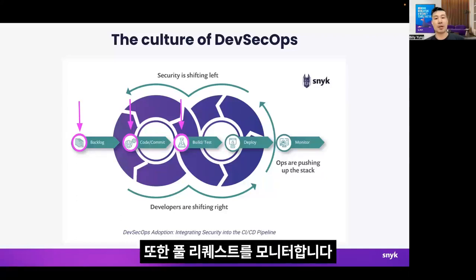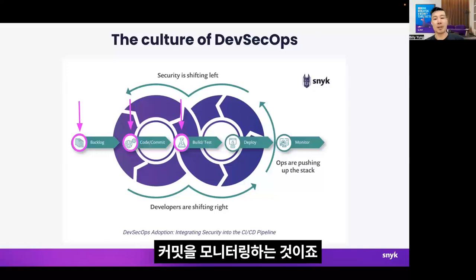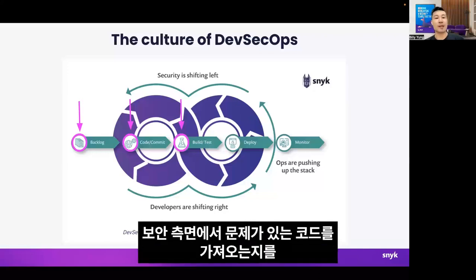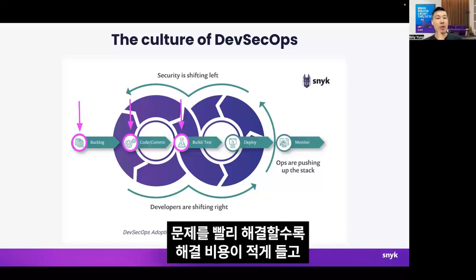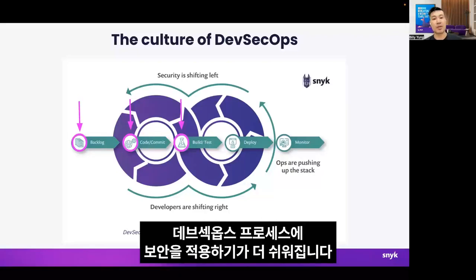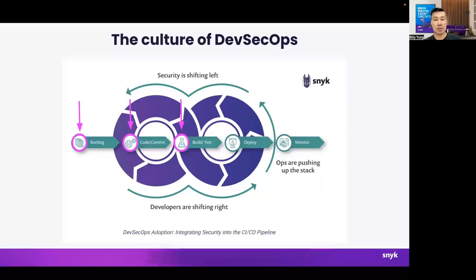And then also monitoring the pull requests, monitoring the commits, helping them understand whether they're introducing any bad code from a security perspective, even before they build the application. So the earlier we can help them fix these issues, the cheaper it is for them to fix, and the easier it is for them to adopt security in the DevSecOps process.